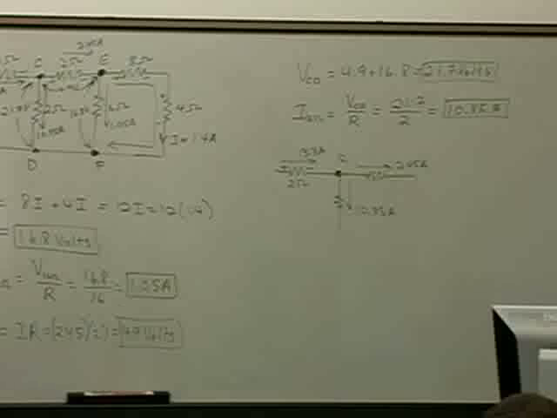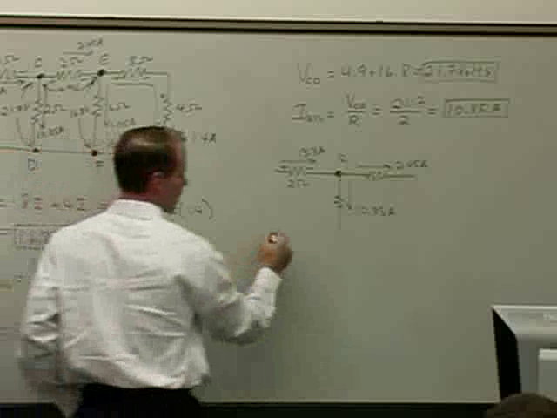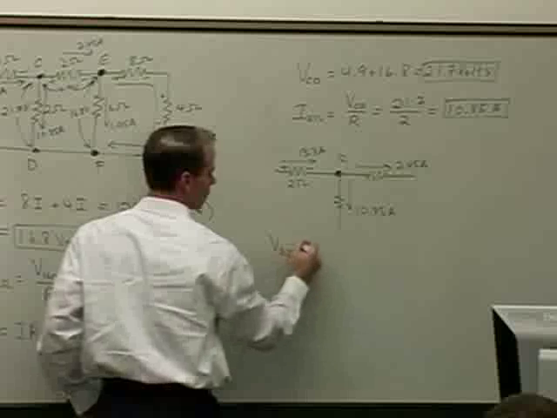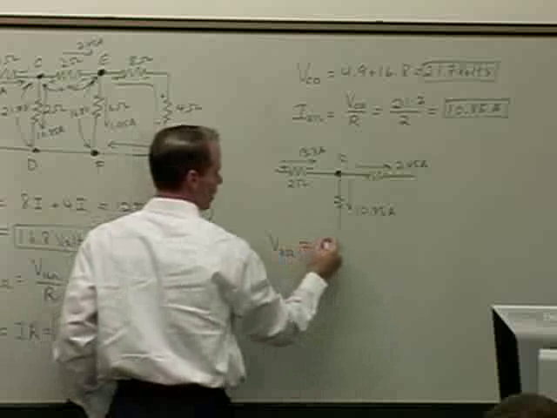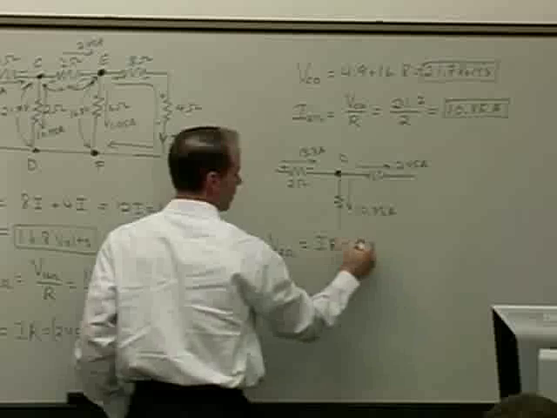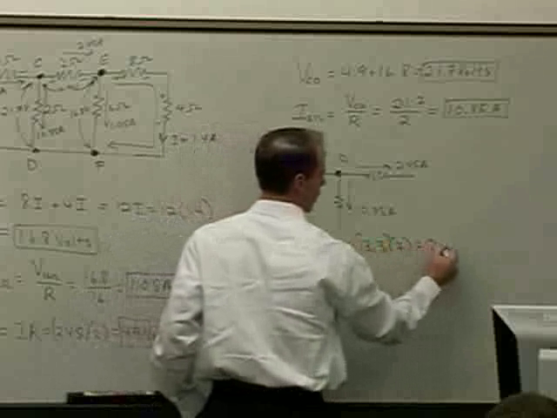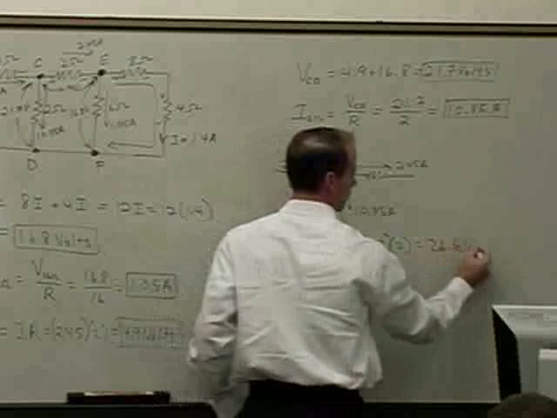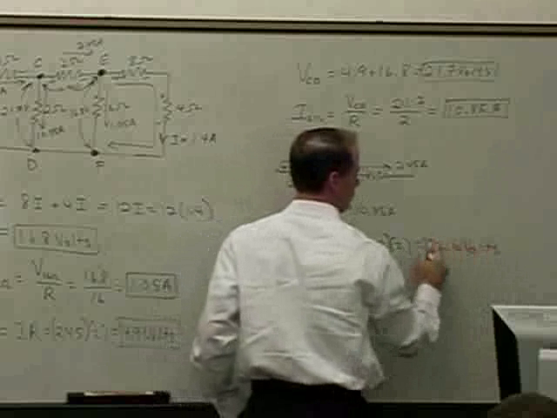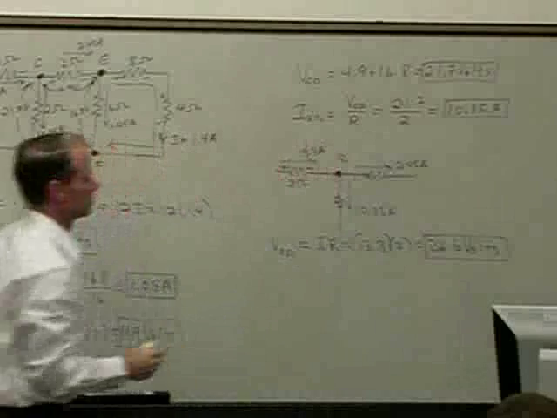So that voltage across that resistance, by Ohm's law, voltage across that 2 ohm resistor will be current times resistance, 13.3 times 2, or 26.6 volts.